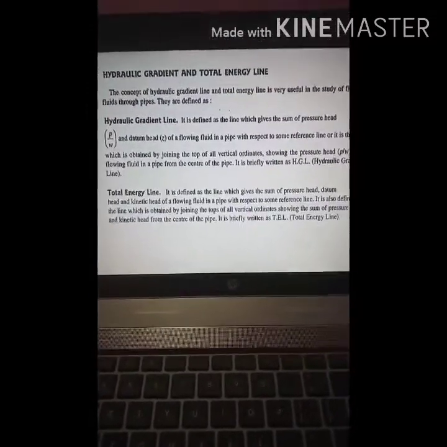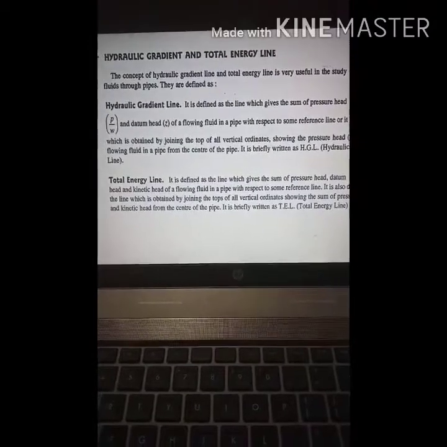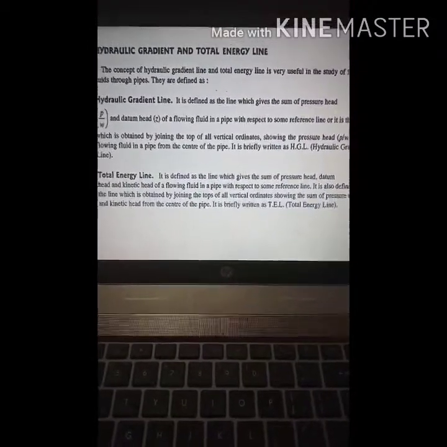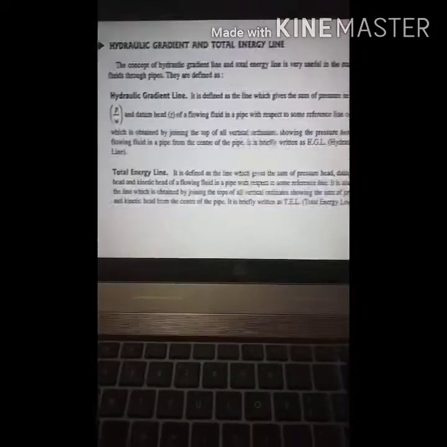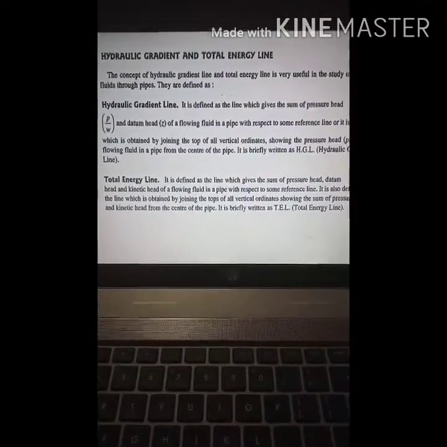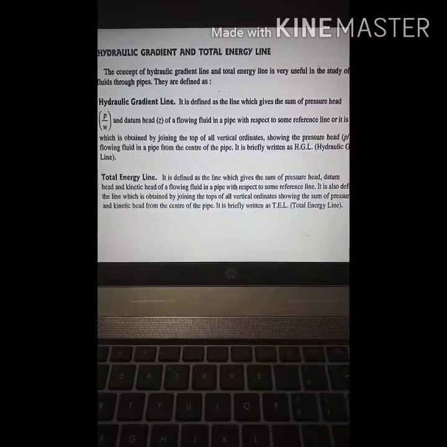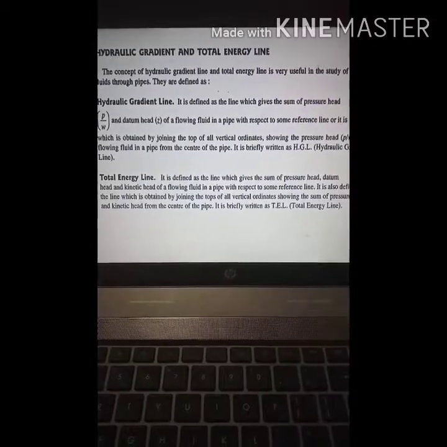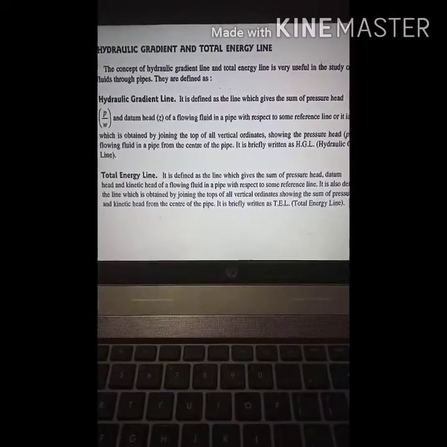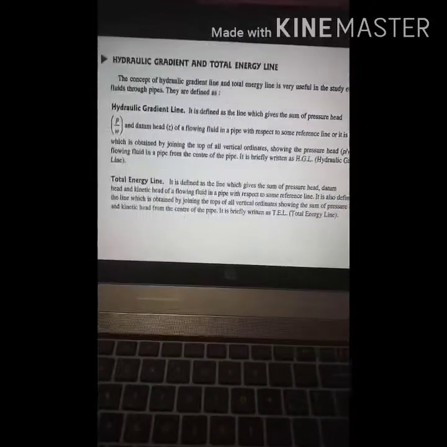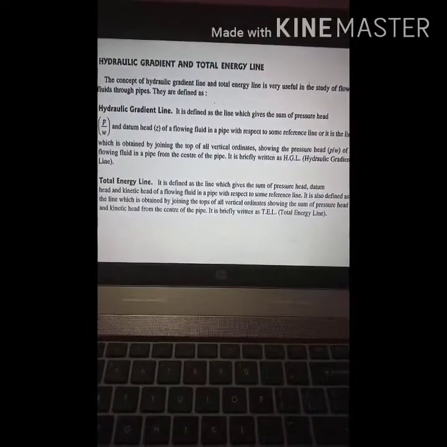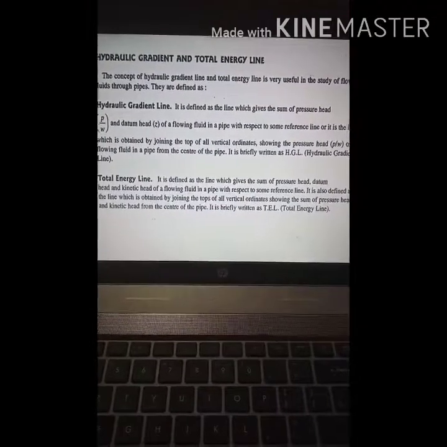If you neglect it, the remaining two terms are pressure energy and datum energy. The line joining the points of pressure energy plus datum energy is called the hydraulic gradient line, and the line joining pressure energy plus kinetic energy plus datum energy is called the total energy line.